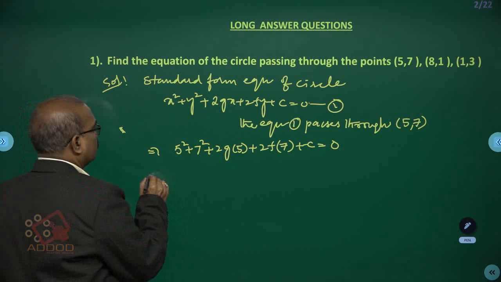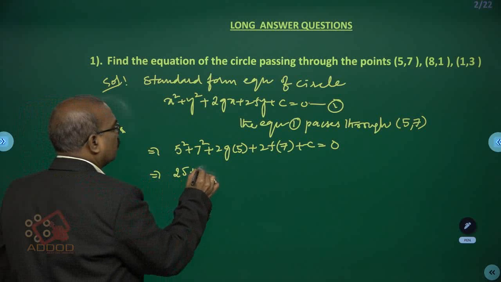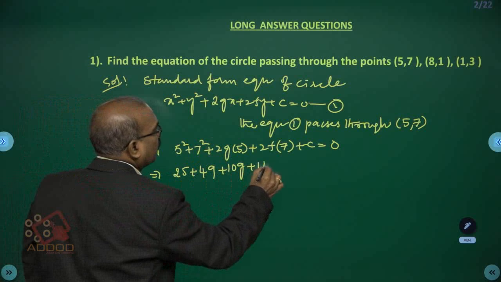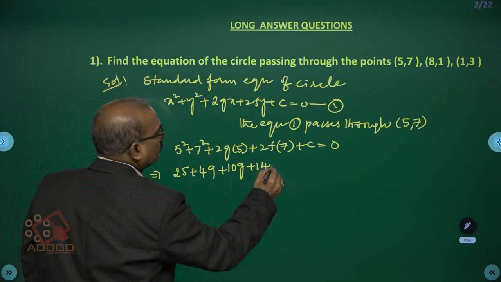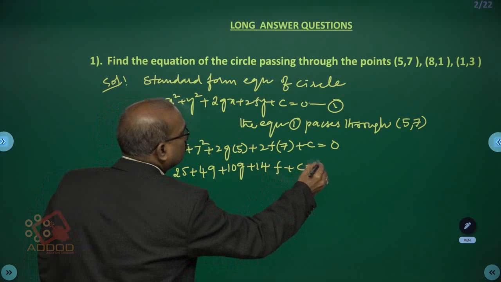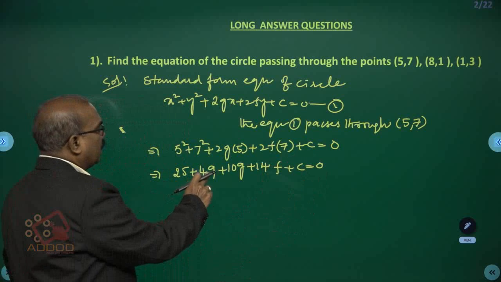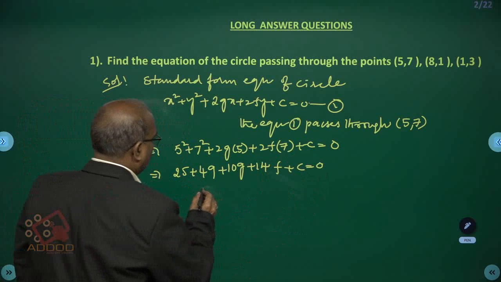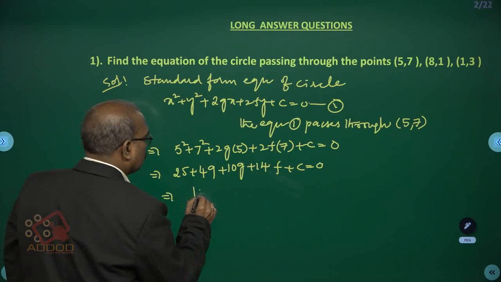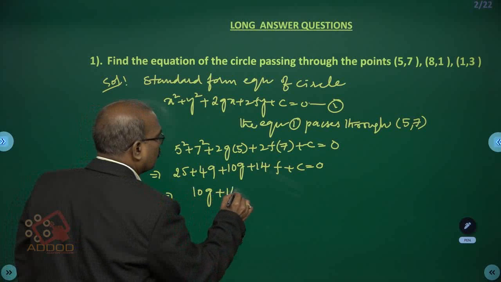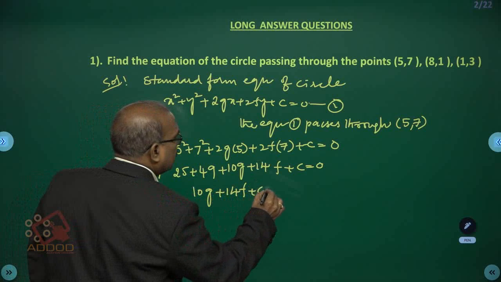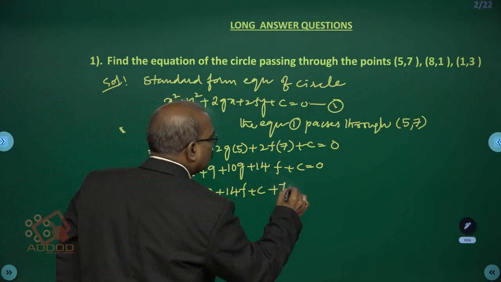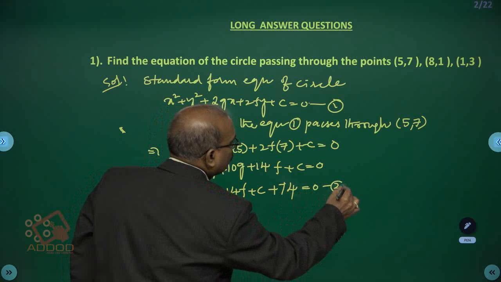Now that is 25 plus 49, 7 square is 49, plus 10g plus 14f plus c is equal to 0. So 49 plus 25 is 74. Now that is 10g plus 14f plus c plus 74 is equal to 0, equation 2.